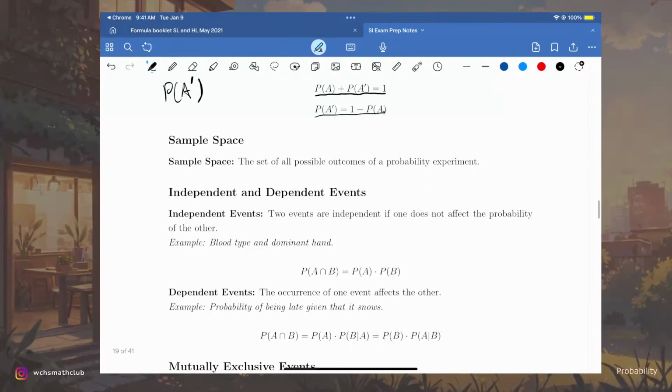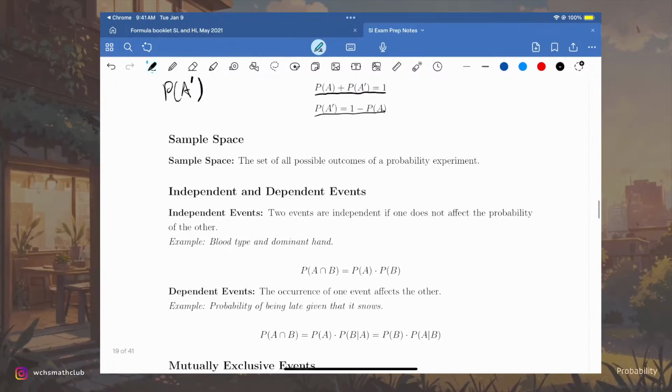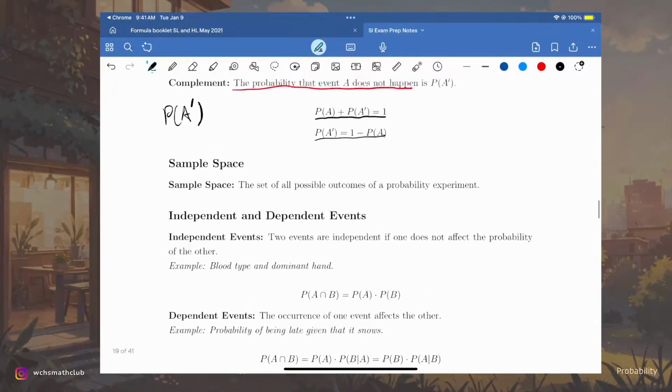A sample space is the set of all possible outcomes of a probability experiment.